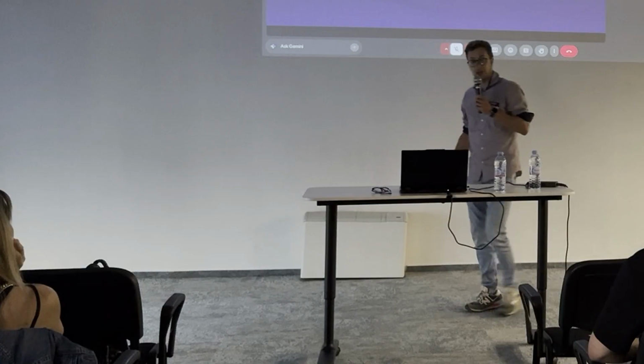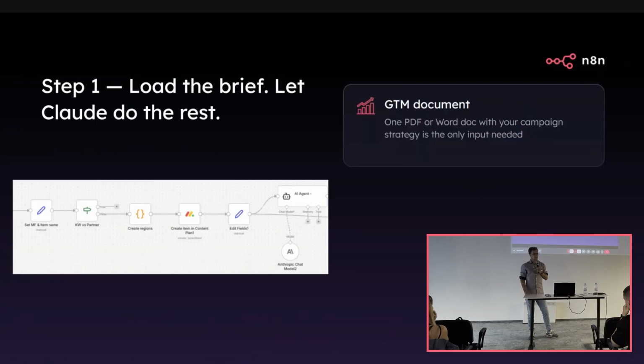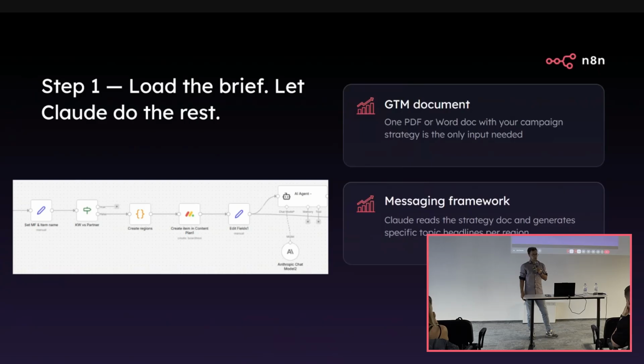All right, so my workflow basically starts with a very simple input. In our case, we just get one campaign document delivered. It contains all the information: what the goal is, what the topic should be, persona, ICP, etc. This document is read and analyzed by Claude.